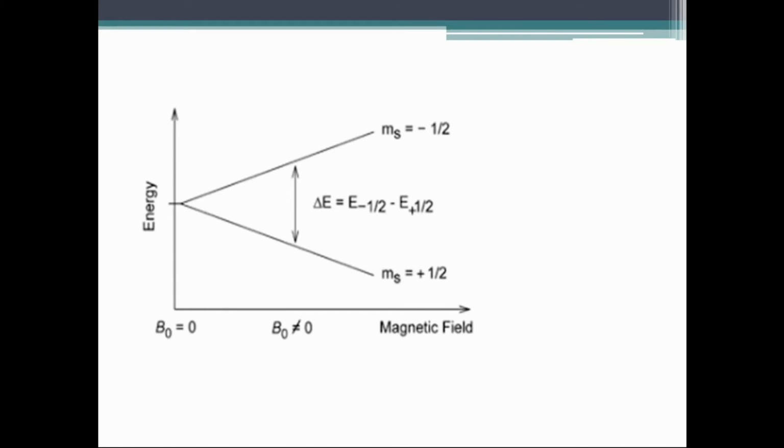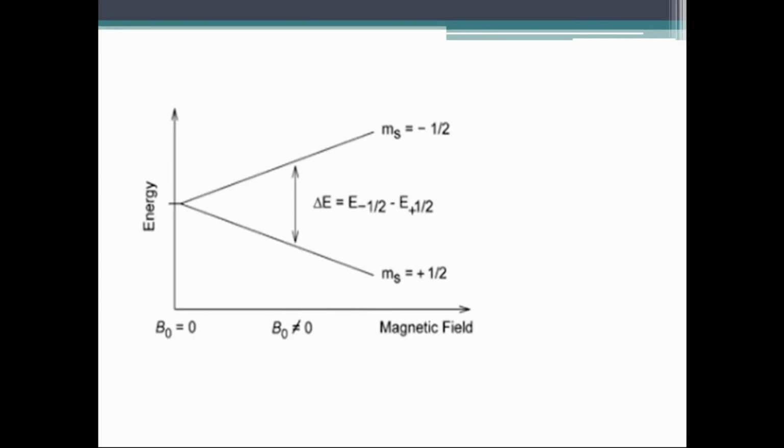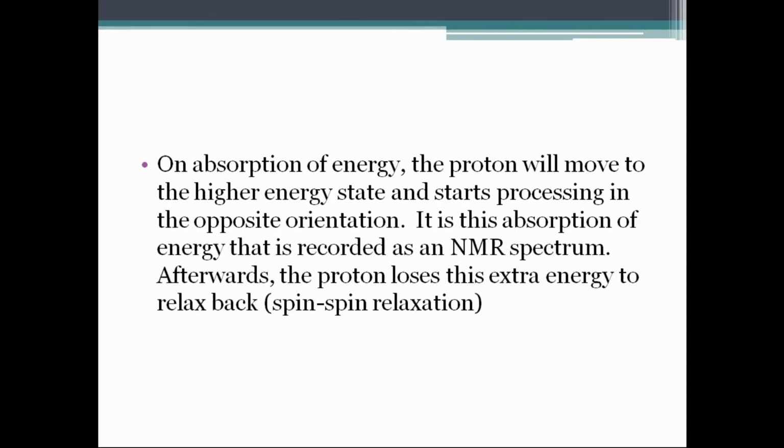Once the proton is in the higher energy level, the reverse spinning is difficult, and the proton comes back to the lower energy state by releasing the excess energy. The protons go down to the lower energy state by a process called spin-spin relaxation. So that is the theory of NMR spectroscopy.